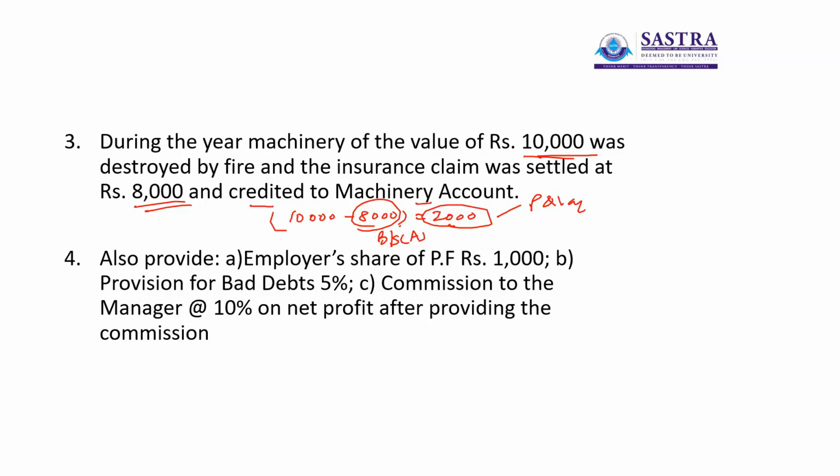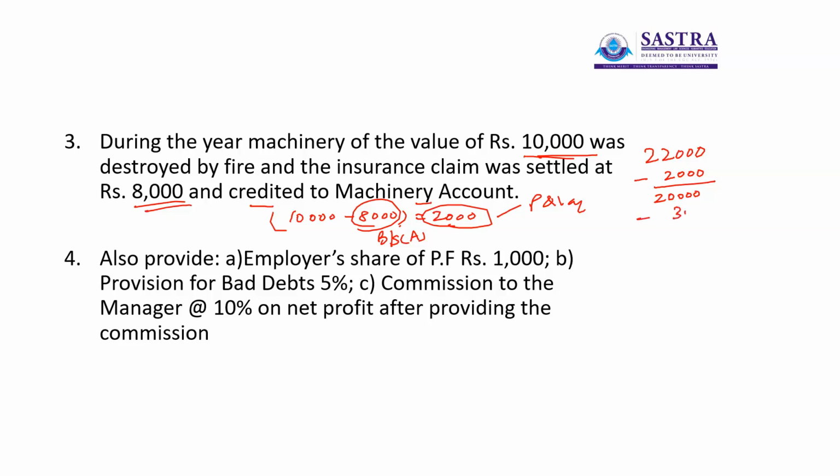So we have to presume that on the machinery value of rupees 22,000, there is a loss of 2,000. This machinery account in which this 8,000 has already been credited, so this need not be shown in balance sheet again. So we have to subtract 2,000 towards loss, and depreciation should be adjusted to the tune of 3,000.